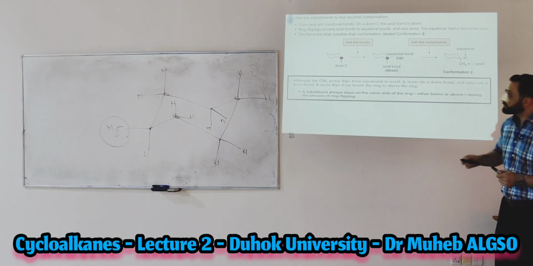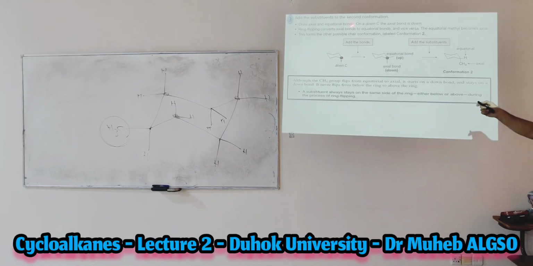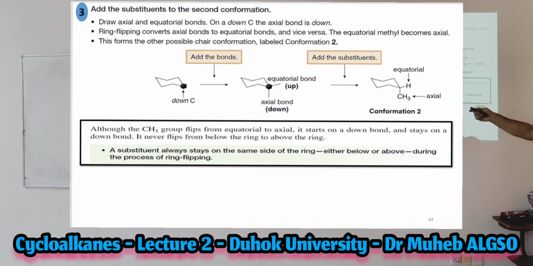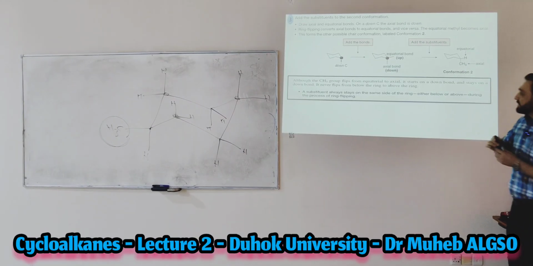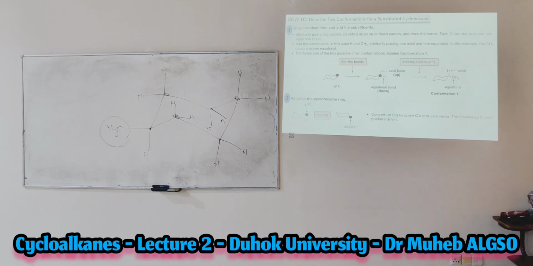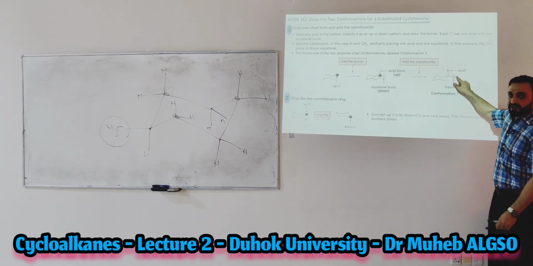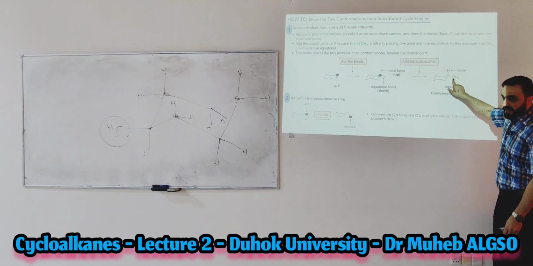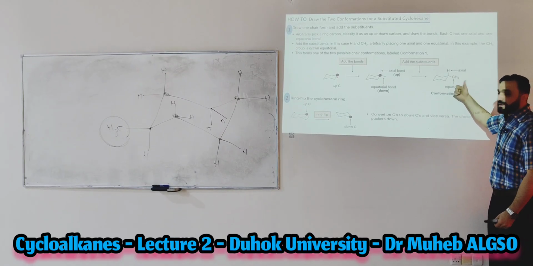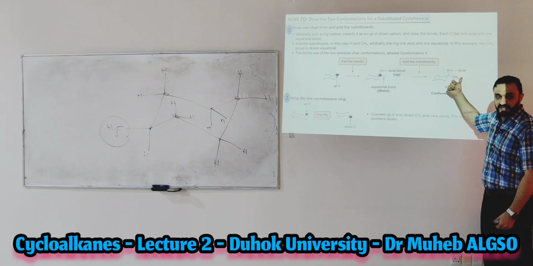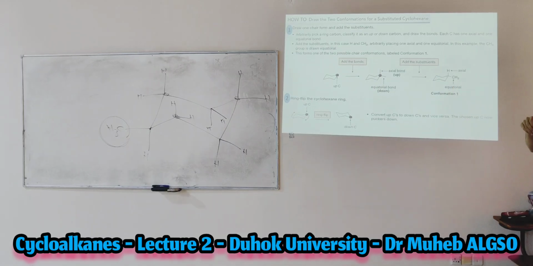Okay? Look. This is the second conformation, okay? Draw axial and equatorial bonds like that. And here, if in the first chair form the CH3, the alkyl group, is at the equatorial position, that means in the second conformation it must be axial.